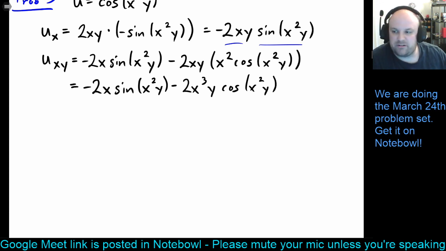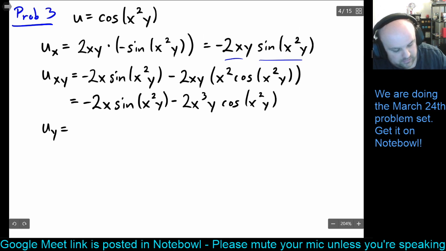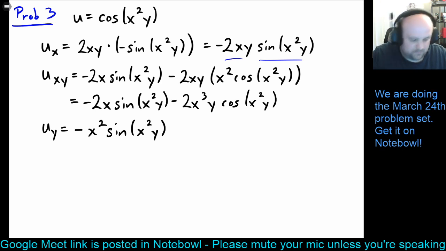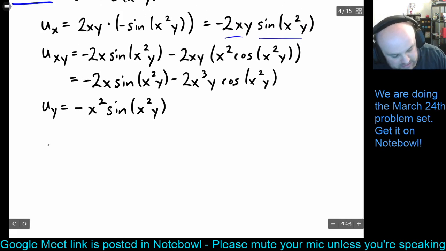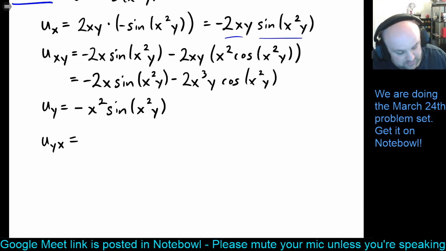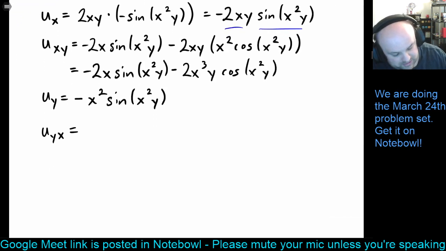Now we want to do uyx. We want to verify that that's the same as this. So uy is going to be minus x squared sine of x squared y. Again, we're just pretending x is a constant. And then uyx. All right, so differentiate this with respect to x.